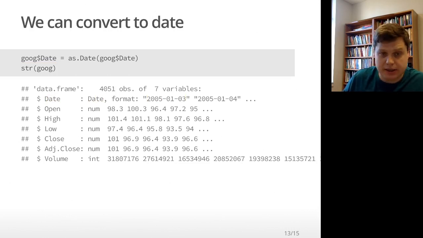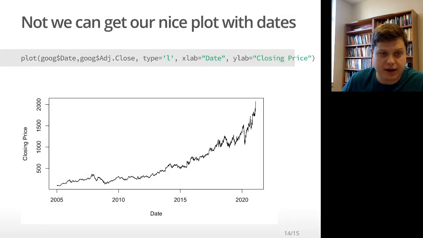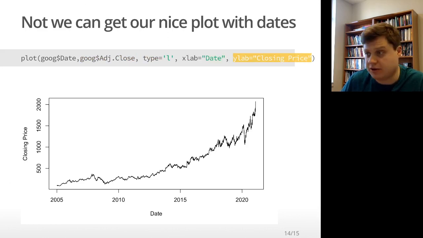Now we can generate a prettier plot for the Google price. We say that we want to use the date for the x-axis, and for the y we want to use the closing price. Again, we say it's a plot of type L, so it's going to be a line. The label for the x-axis will be date now, and the ylab as before is the closing price. So now you see it's a more meaningful plot.